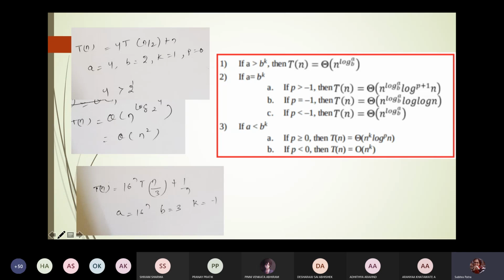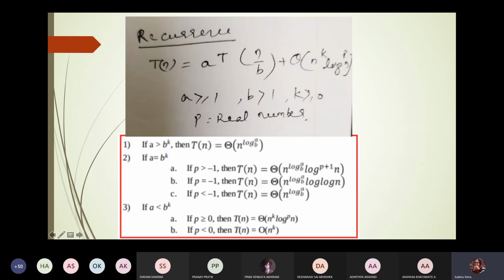Okay, so let's start with this function. Our T(n) is given as 4T(n/2) plus n. So my a would be 4, b would be 2, and k is 1, so n to the power k is n to the power 1, and here we don't have any log function. That's why we are keeping p as 0.